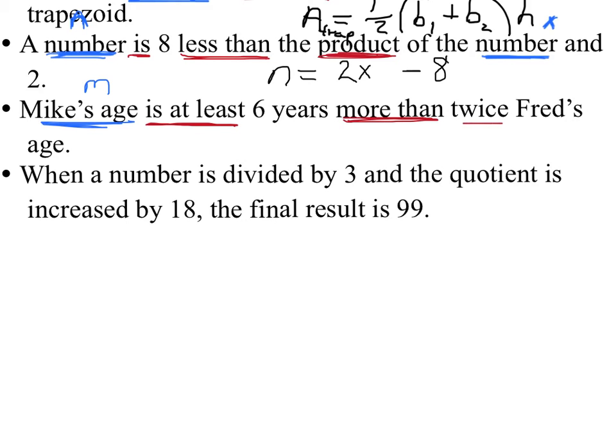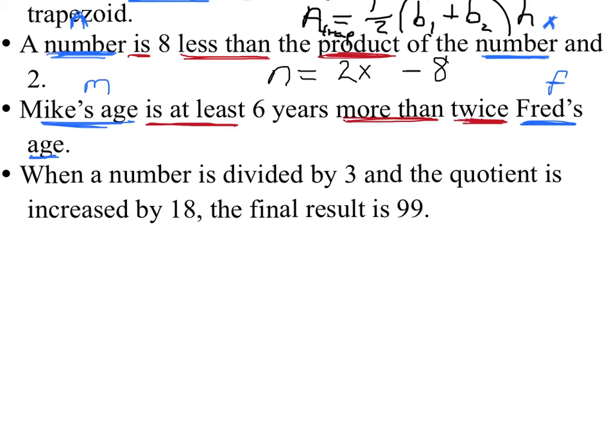Twice Fred's age. If we're going to do twice something, we could add it to itself, but the best way to do it is just to say multiply it by 2. Okay. And then another unknown we have here is Fred's age. Now you'll notice I didn't use A for age, and the reason why is we've got 2 different guys' age. We'll call Fred's age F.